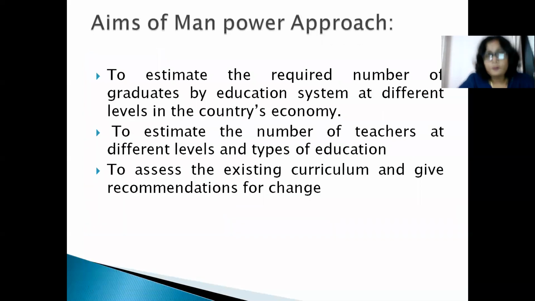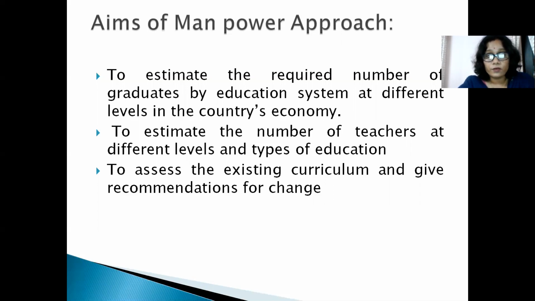And the aims of the manpower approach, there are three aims discussed here. The first aim of the manpower approach is to estimate the required number of graduates by the education system at different levels in the country's economy. The second aim is to estimate the number of teachers at different levels and types of education. The third is to assess the existing curriculum and give recommendations for change.